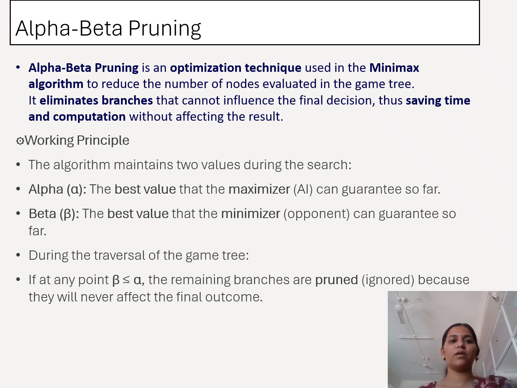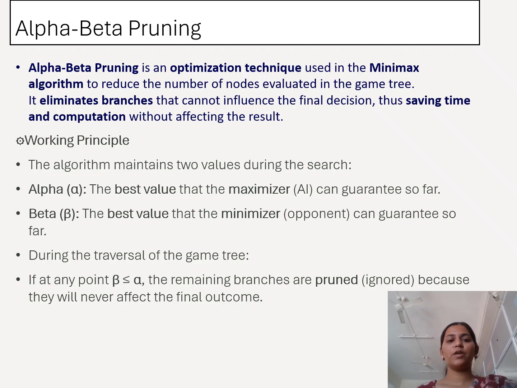Next is alpha beta pruning. Alpha beta pruning is an optimization technique used in the minimax algorithm to reduce the number of nodes evaluated in the game tree. It eliminates branches that cannot influence the final decision, thus saving time and computation without affecting the result. Working principle: the algorithm maintains two values during the search.